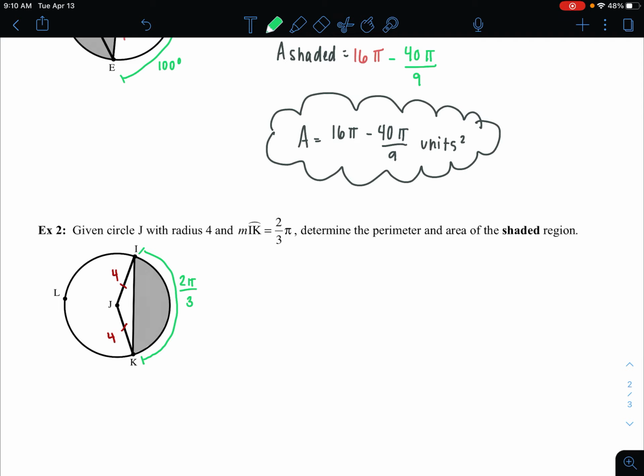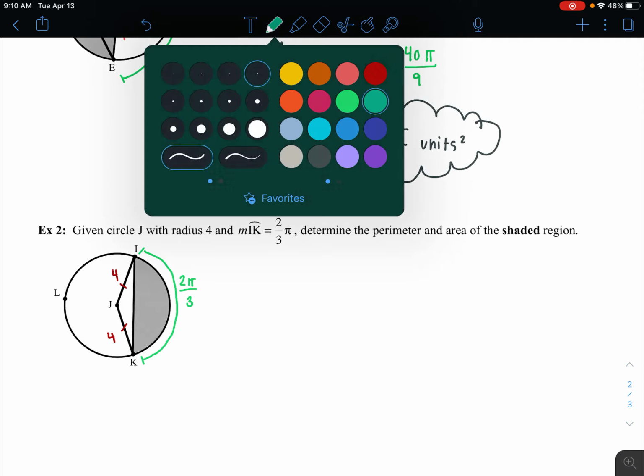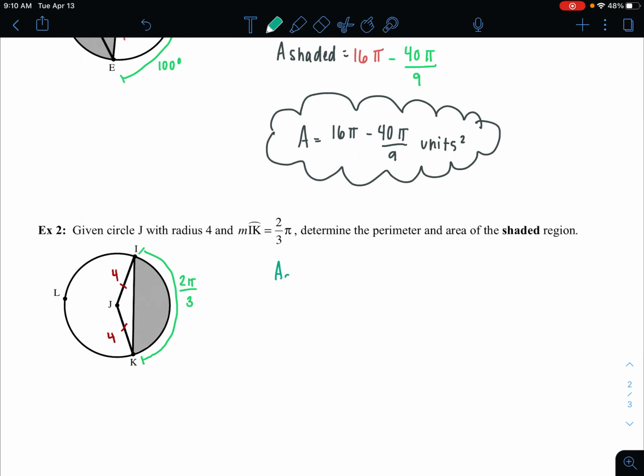So we have to figure out the perimeter of the shaded region and the area of the shaded region. So to start, to find the area of our shaded region, we need to first find the area of the sector, right? Because our entire sector is going to be this part here, bound by 2 radii.